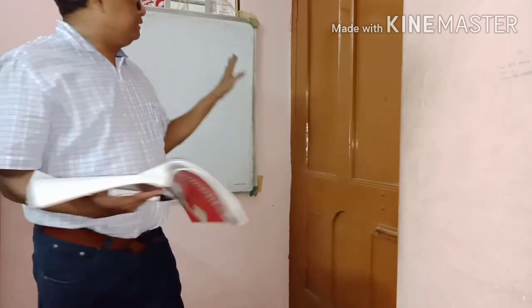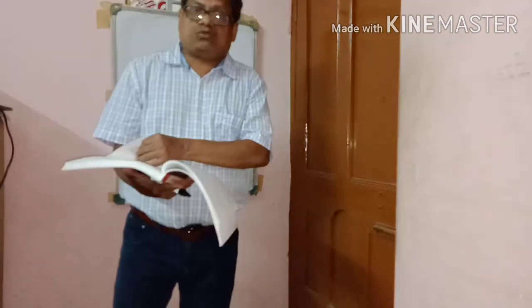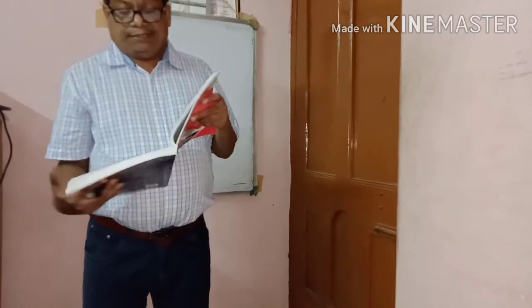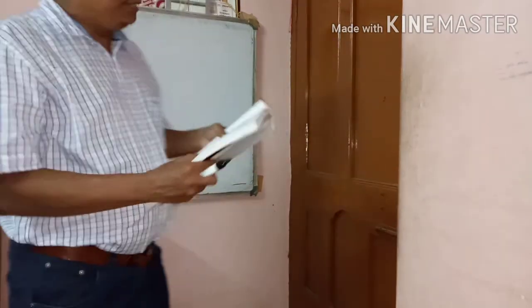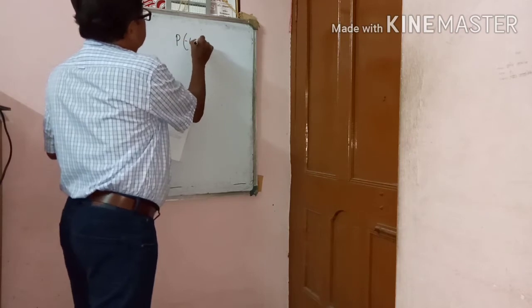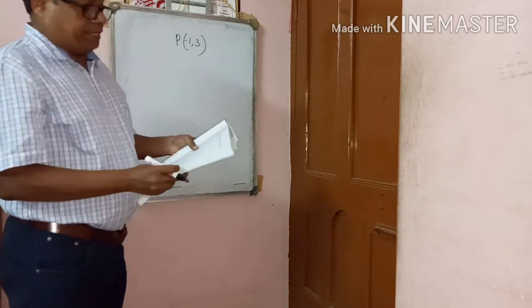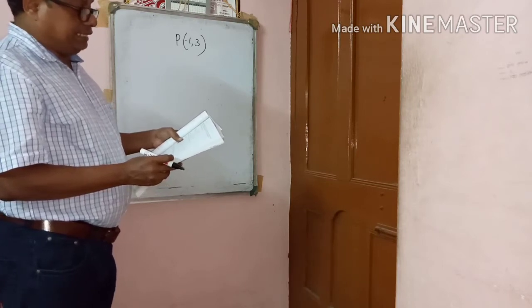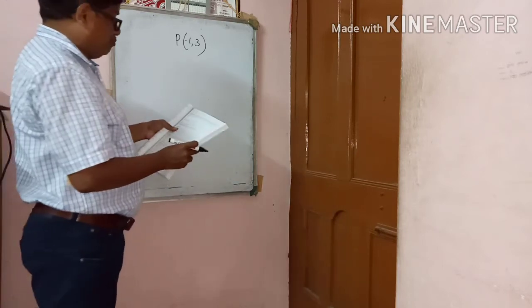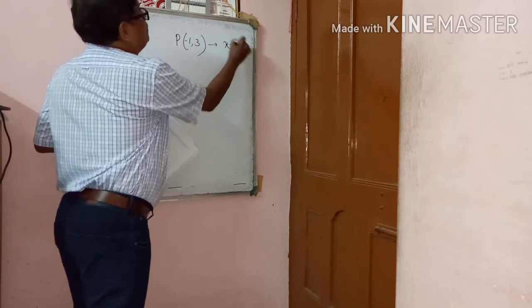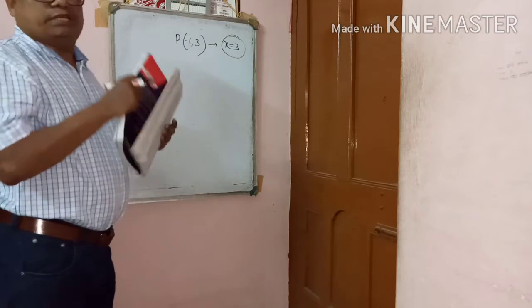Whatever I am discussing here is given in the book, you just have to see the book, no problem. Suppose it is given: find the coordinates of the image of the point P (minus 1, 3) in the line x equal to 3.